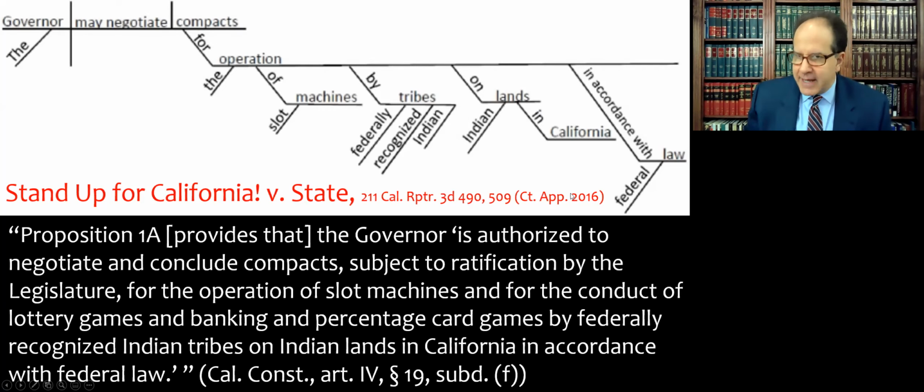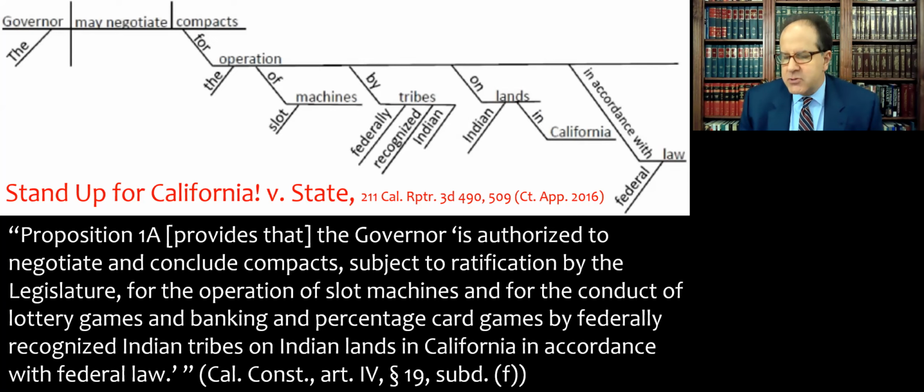That's a very different concept. Is a governor authorizing an agreement, a compact, and the compact has to accord with federal law, or is he authorized to make a compact for someone to do something, but that person has to do it in accordance with federal law, and so forth?